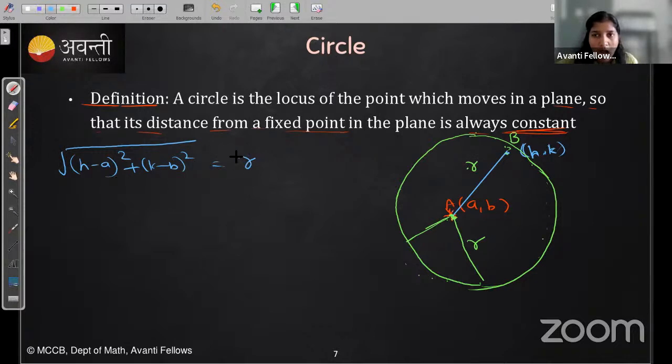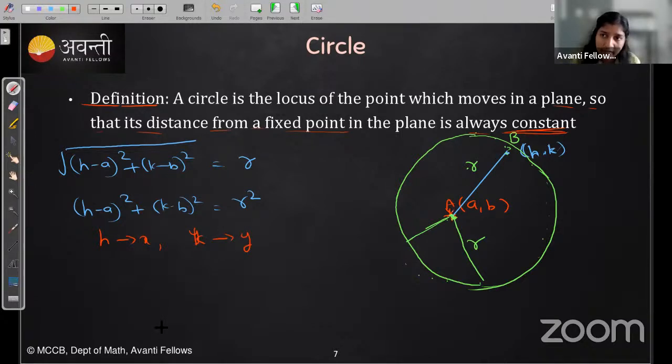The constant value is R. Now what I'm doing? I'm just squaring on both sides. When I square on both sides, what will I get? H minus A whole square plus K minus B whole square is equal to R square. Now while forming the locus, we already applied our mathematical condition. After that, we replaced H by X and K by Y to get our equation, right?